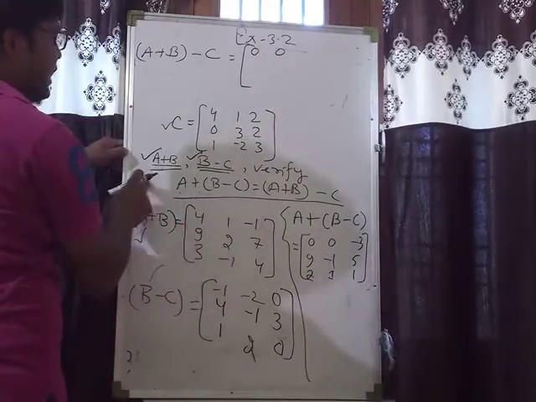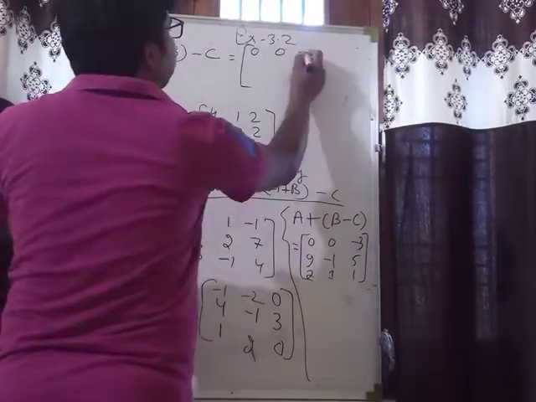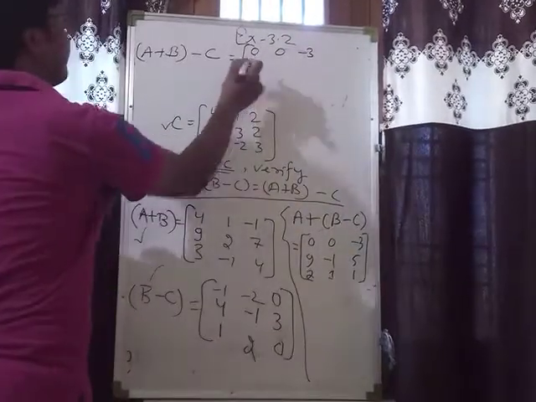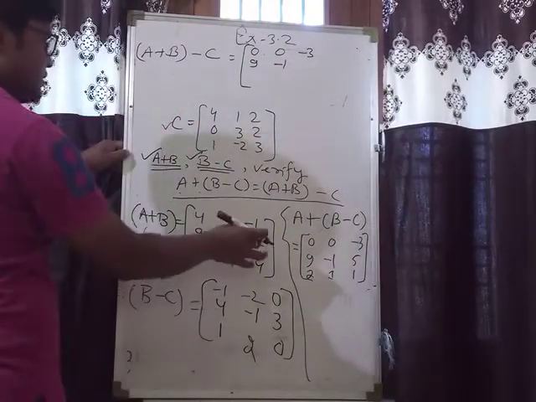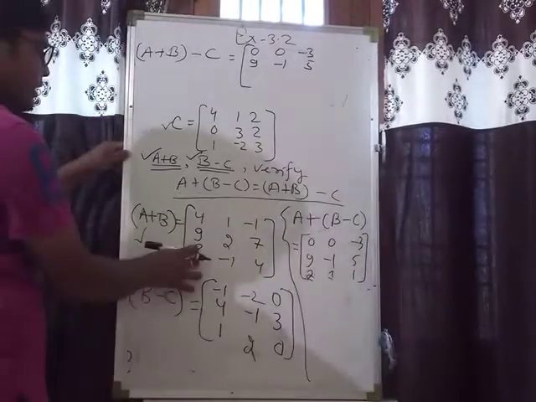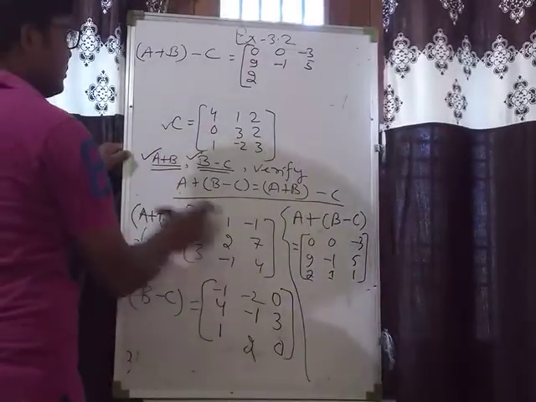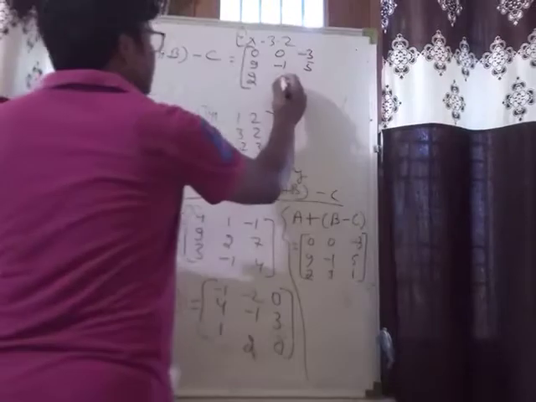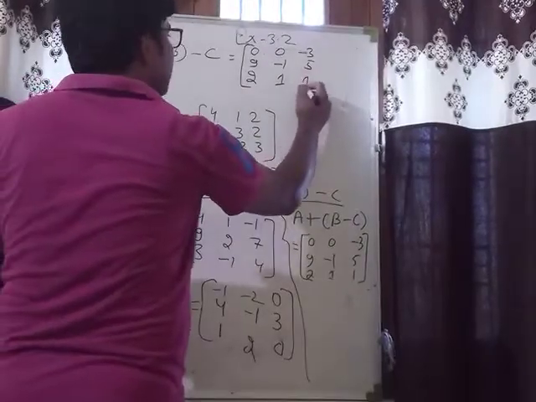Minus 1 minus 2 is minus 3. Okay? 9 minus 0, 9. 2 minus 3, minus 1. 7 minus 2, 5. 3 minus 1, 2. Minus 1 minus 2 means minus 1 plus 2, that is plus 1. 4 minus 3, that is plus 1.